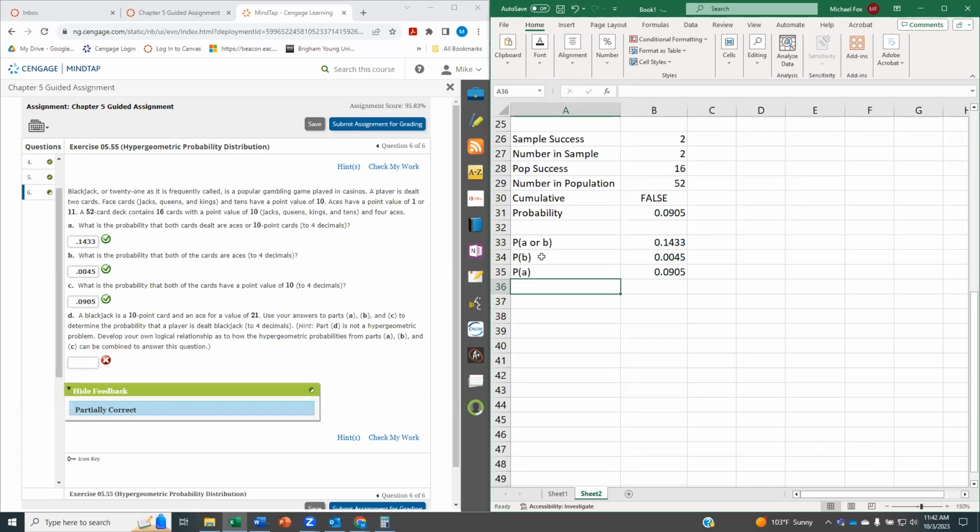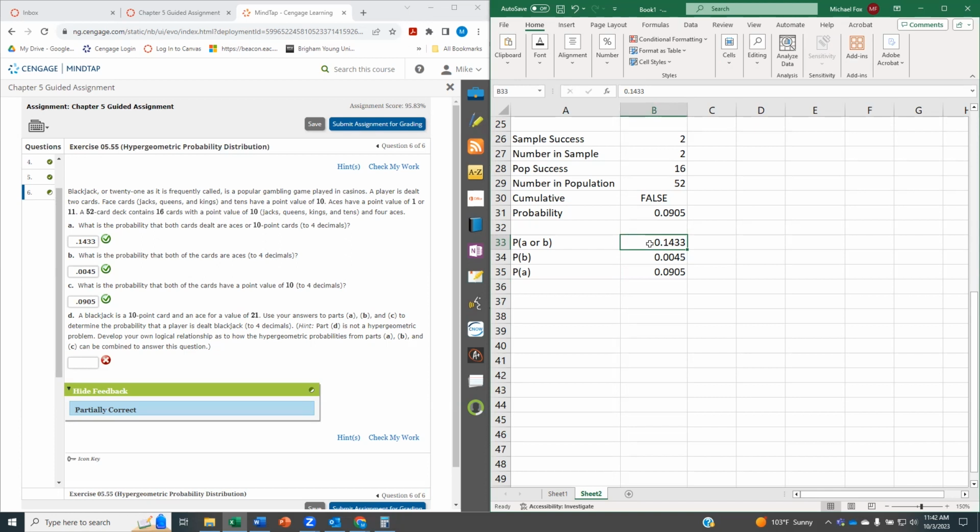So if you think about it, if our probability of getting either a 10-point card or an ace is 0.1433, and then the probability of getting both aces is 0.0045, and the probability of getting both 10-point cards is 0.0905.